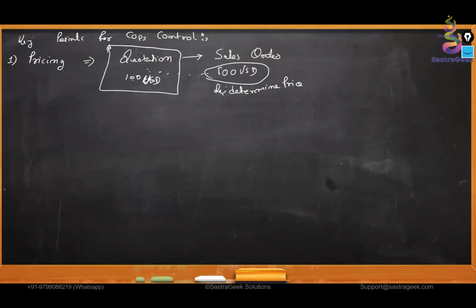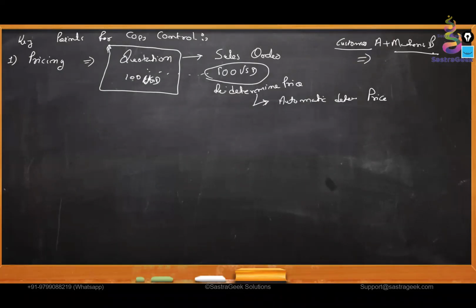But the word price is very generic, very broad. When we think about price, we really need to think about price in multiple factors. Price as in system automatically determined price. What is automatically determined price? I'm saying if in the system I have a customer A and material B, I have set up the price there for this customer.